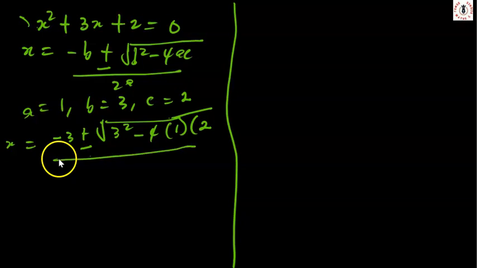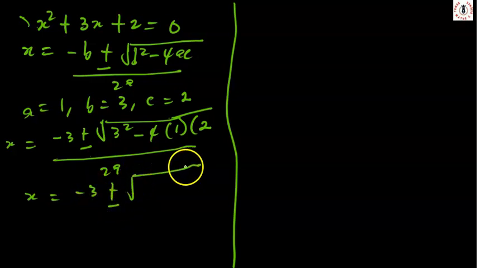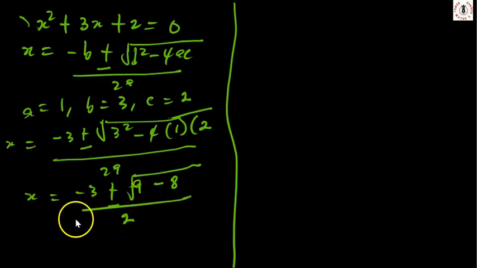all over 2a. So my x now is the same thing as minus 3 plus or minus, by the time you expand this, it should lead us to 9 minus 8, 4 times 2 is 8, all over 2a. That's 2, a is 1. So x now is the same thing as minus 3 plus or minus square root of 1 over 2.